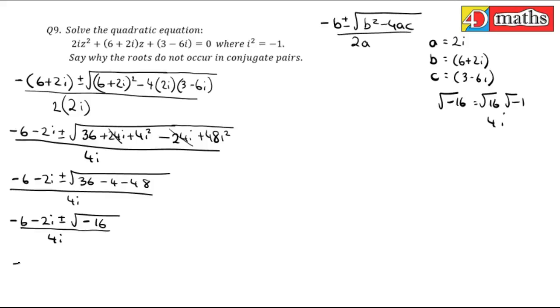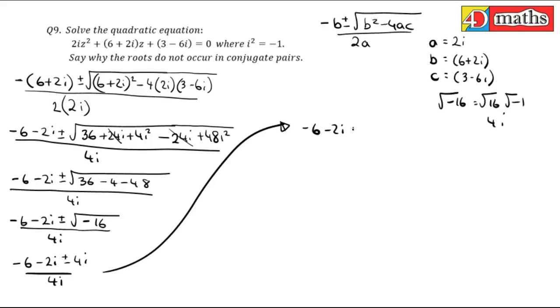Okay, so it's minus 6 minus 2i plus or minus 4i all over 4i. So we have two answers. Okay, we have minus 6 minus 2i plus 4i over 4i, or minus 6 minus 2i minus 4i all over 4i.